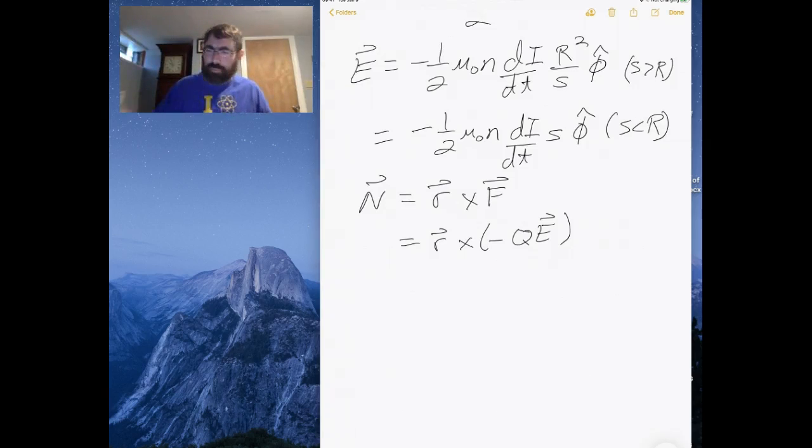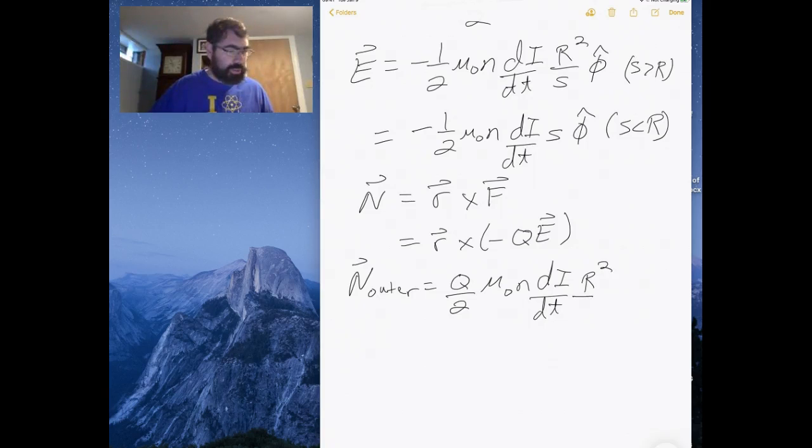And okay, so if I put that together, I have the torque on the outer cylinder is going to be equal to Q over 2 mu 0 N di dt R squared over S, s hat crossed phi hat. So basically I said R before, but really S is the radial direction.